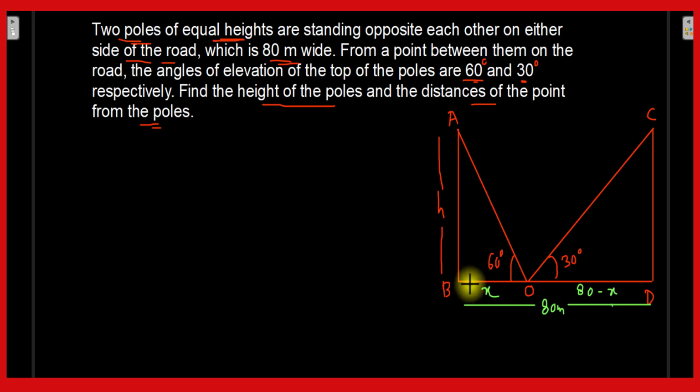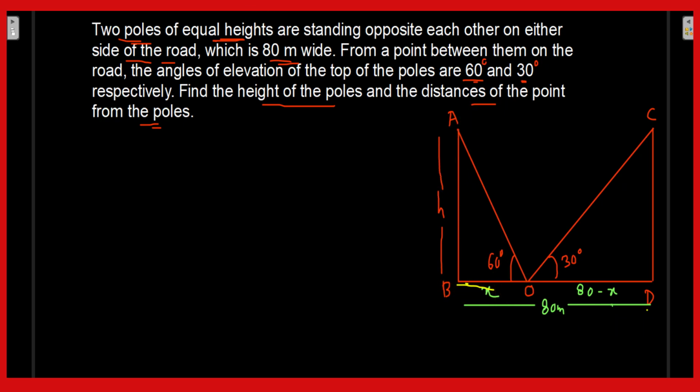So friends, assume that BO be x and therefore OD will be 80 minus x, because this total distance is 80 meter, and if this part is x, then the remaining part will be 80 minus x. Now here you get the 2 triangles.